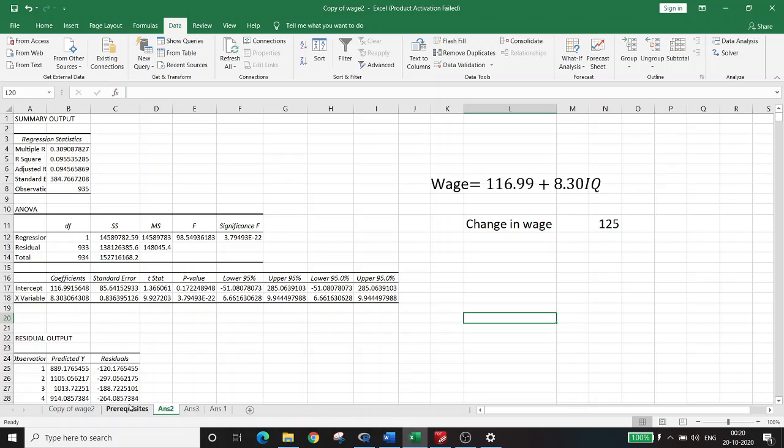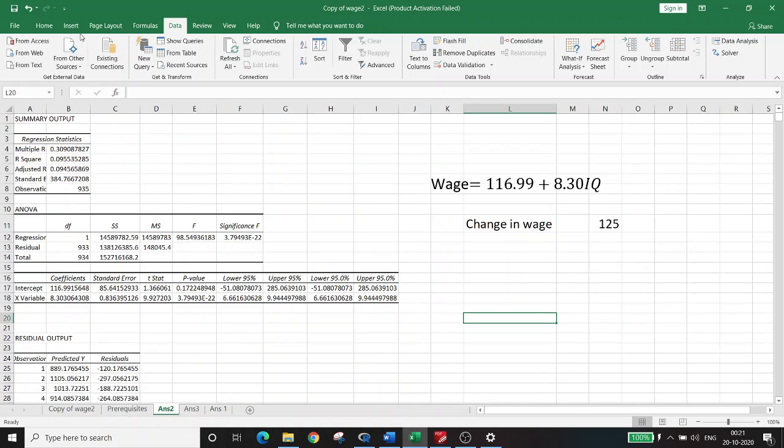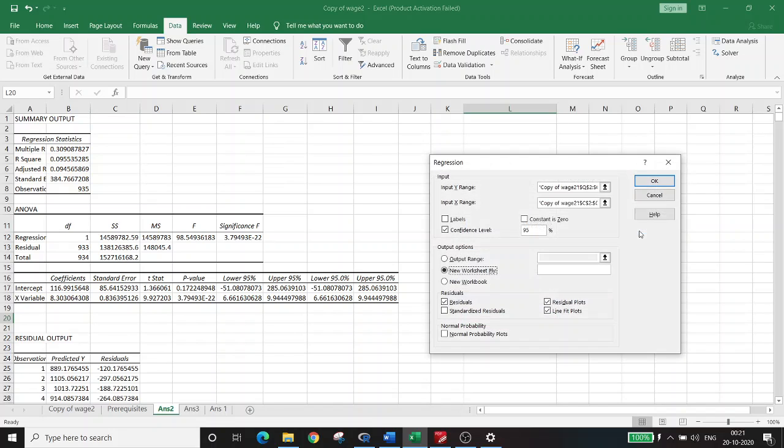To solve this question, I have used data analysis in Excel. You go to data analysis and click on regression. When you click OK, you'll be asked to give the input Y range.